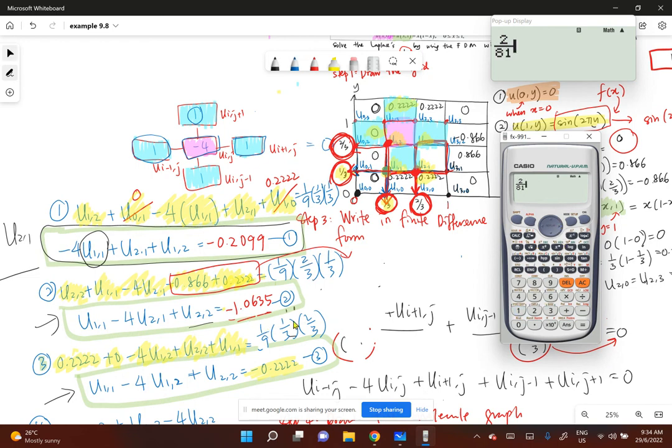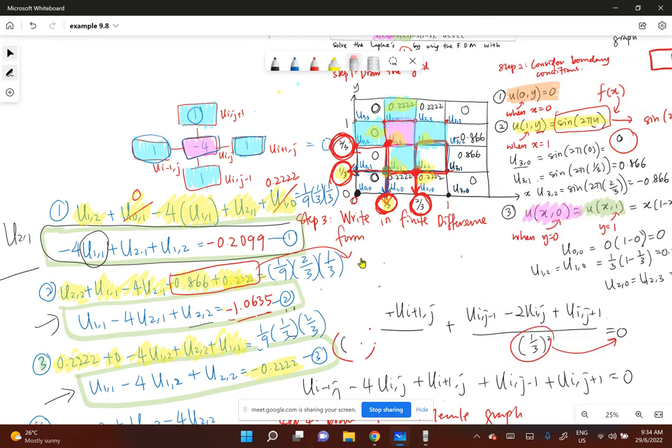Then just now, this one minus 0.222. So we get negative 0.1975. So here we get negative 1.01975. Okay, negative 0 point, 0 point.